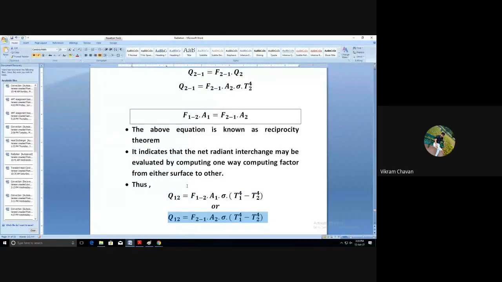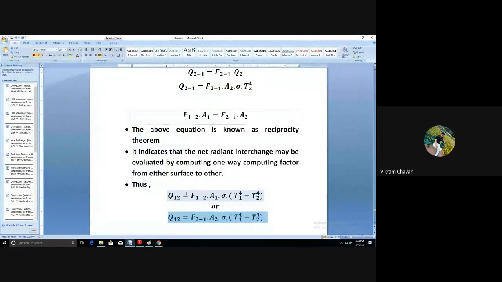So, if you have any doubt, any question, you can ask now, whether you understood this particular derivation or not. Is there any doubt, any question? Okay.